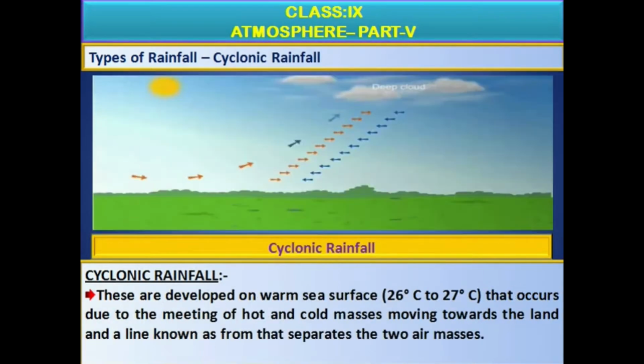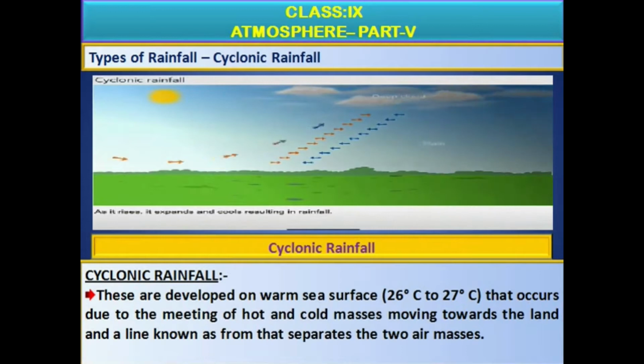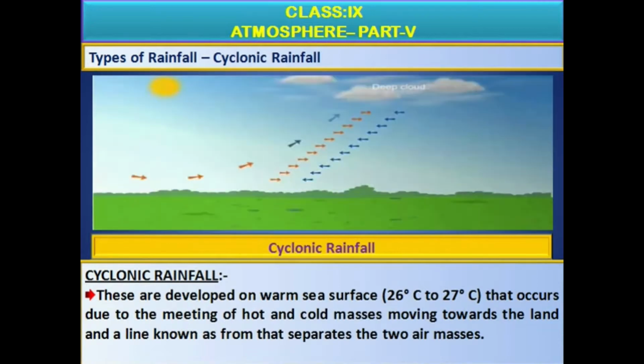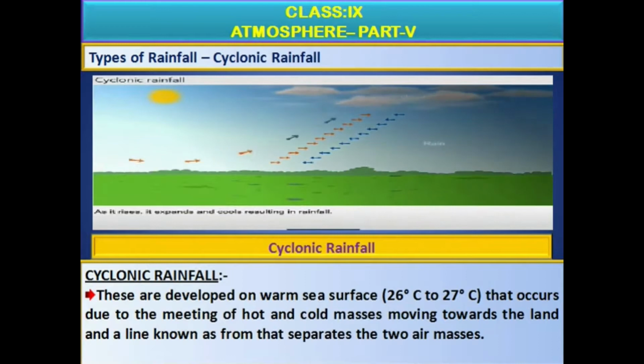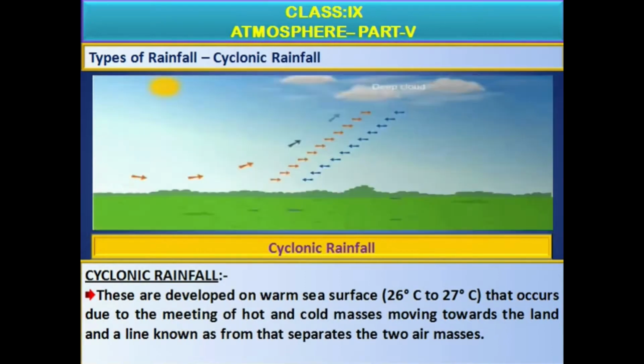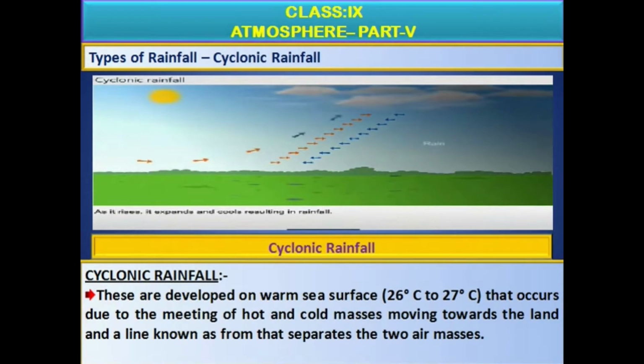These are developed on warm sea surface of 26 degrees Celsius to 27 degrees Celsius that occurs due to the meeting of hot and cold air masses moving towards the land, and a line known as a front that separates the two air masses.